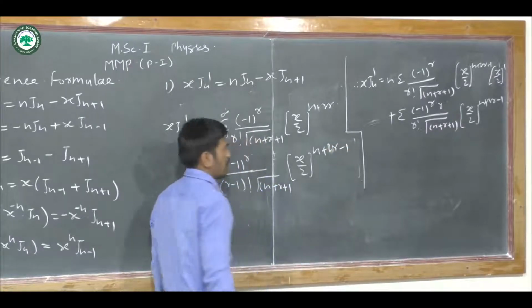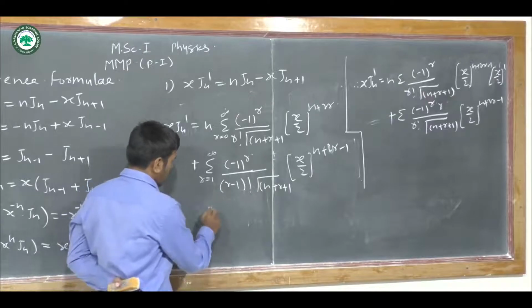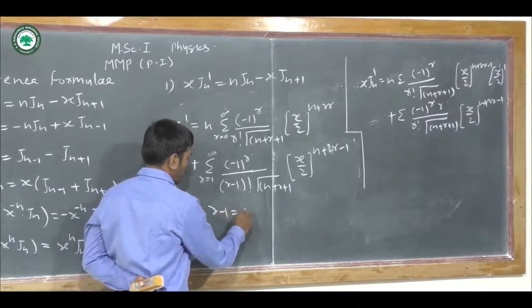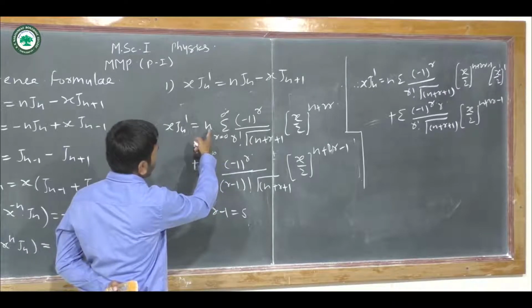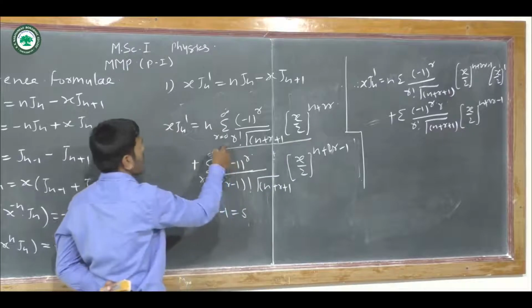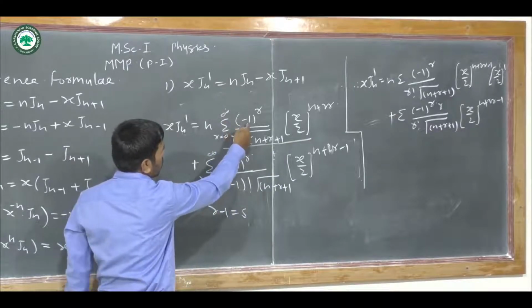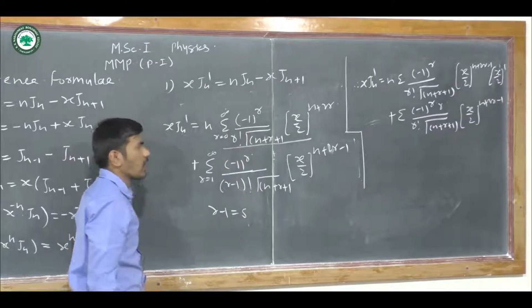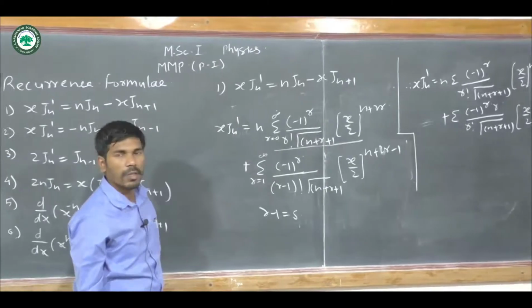Here I am going to put r minus 1 is equal to s. This first expression is nothing but Jn: the summation over r is equal to 0 to infinity of minus 1 power r divided by r factorial gamma of n plus r plus 1 into x by 2 power n plus 2r.